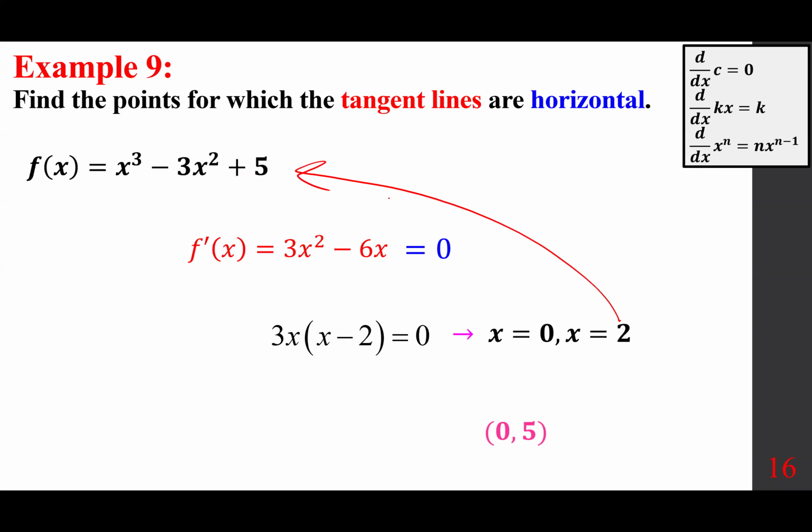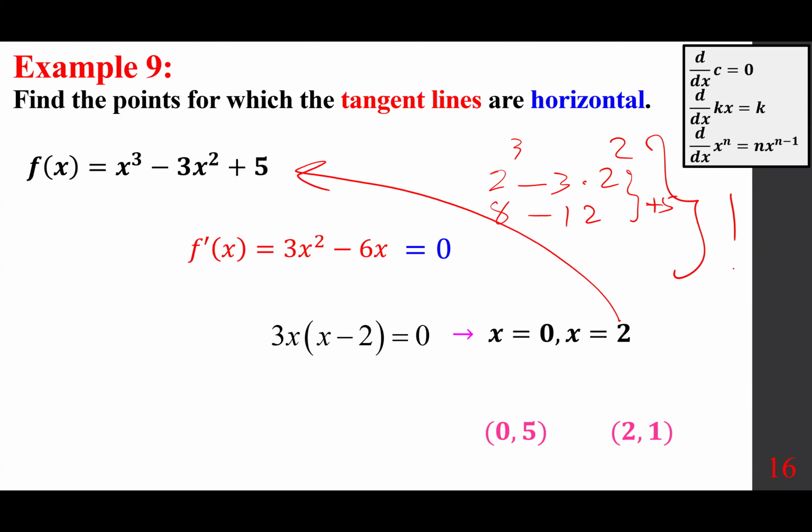because I want to get the y coordinate, I get 2 cubed, which is 8, minus 3 times 2 squared, 2 squared is 4 times 3, 12, so minus 12, and then plus 5. So 8 minus 12 plus 5 is just 1, and the second point has coordinates 2, 1.